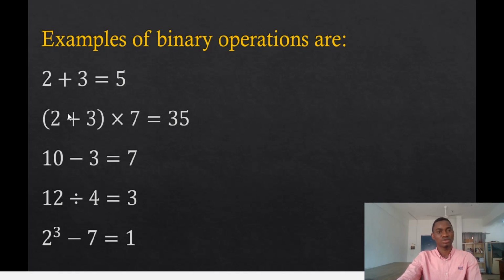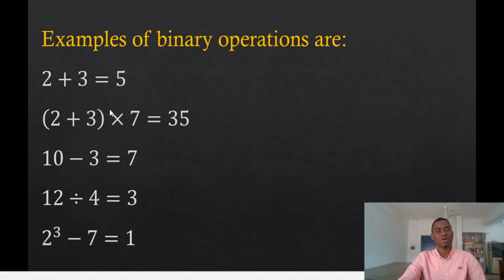So we have 2 plus 3 in a bracket. So we are going to perform a binary operation on this expression inside the bracket. Then we will now multiply by 7. So this is still within the domain of binary operation. 2 is the first element, 3 is the second element. So 2 plus 3 is 5. That's a binary operation.